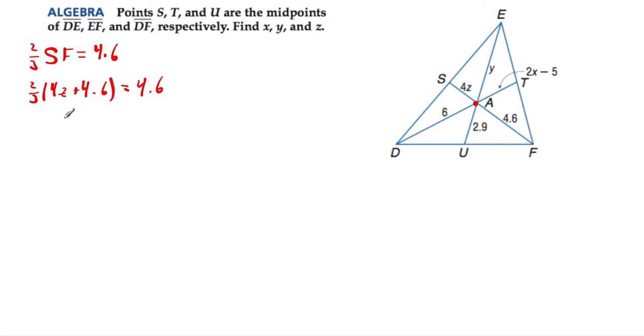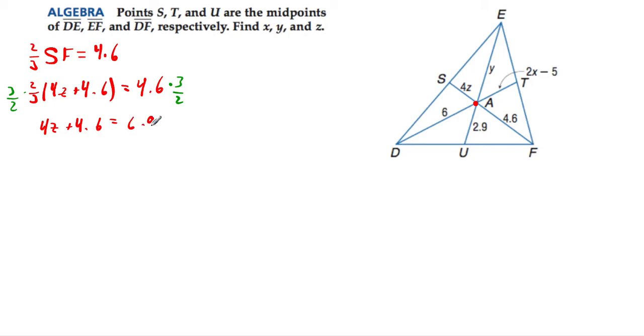We can get rid of this fraction by multiplying both sides by 3/2. And so that leaves us with 4Z plus 4.6. Here, if I divide this by 2, I'm going to get 2.3. And if I do 2.3 times 3, I'm going to get 6.9.